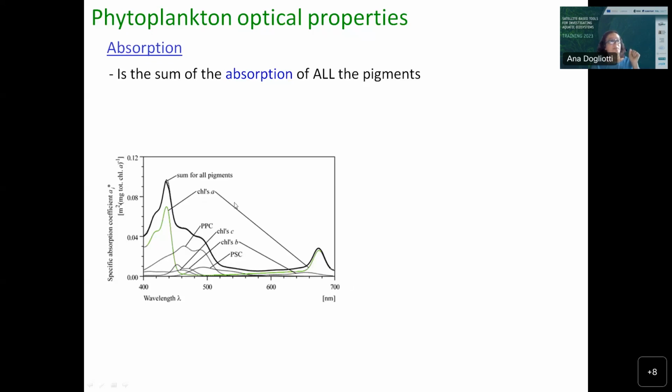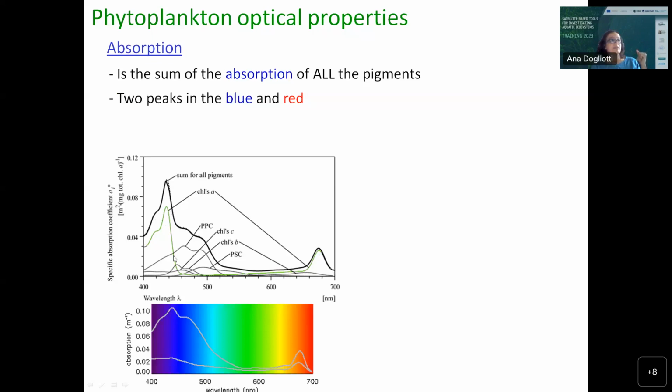For different pigments, here you have chlorophyll A, which I put in green, chlorophyll C, chlorophyll B. So there are different pigments with different spectral characteristics, and the sum of all the pigments gives this bold black line.